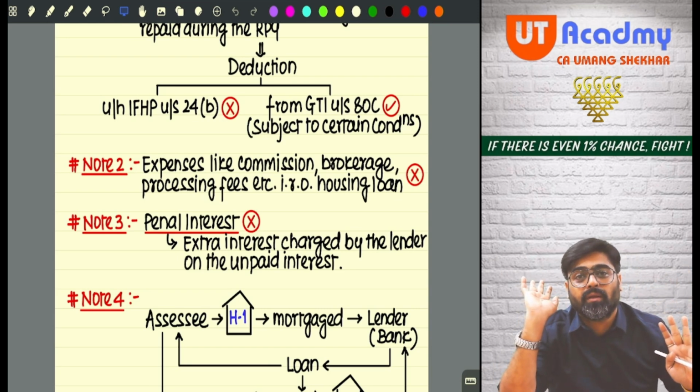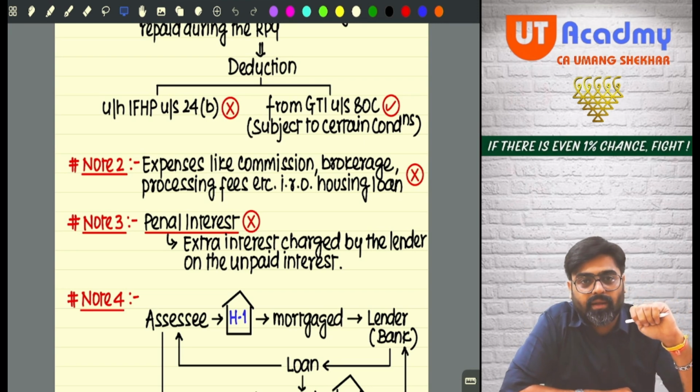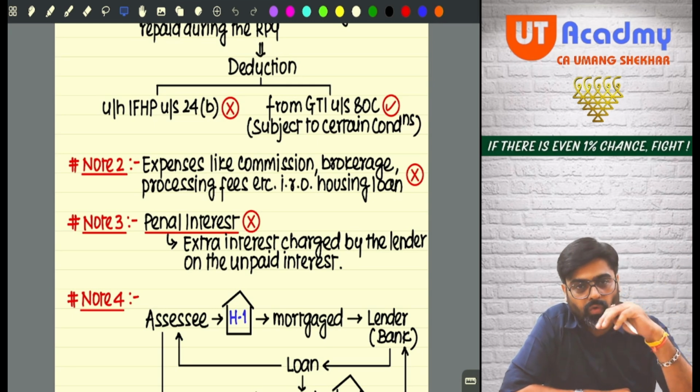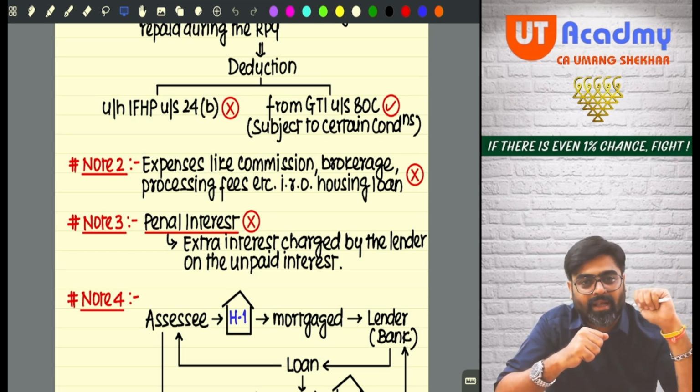Getting my point? For example, you want to take a housing loan from the bank. Now you don't know what documents are required, how to negotiate with the bank, how to take the maximum amount of loan at the minimum possible rate of interest. So you took the help of some expert who is expert in documentation, who has good contacts with the bank.